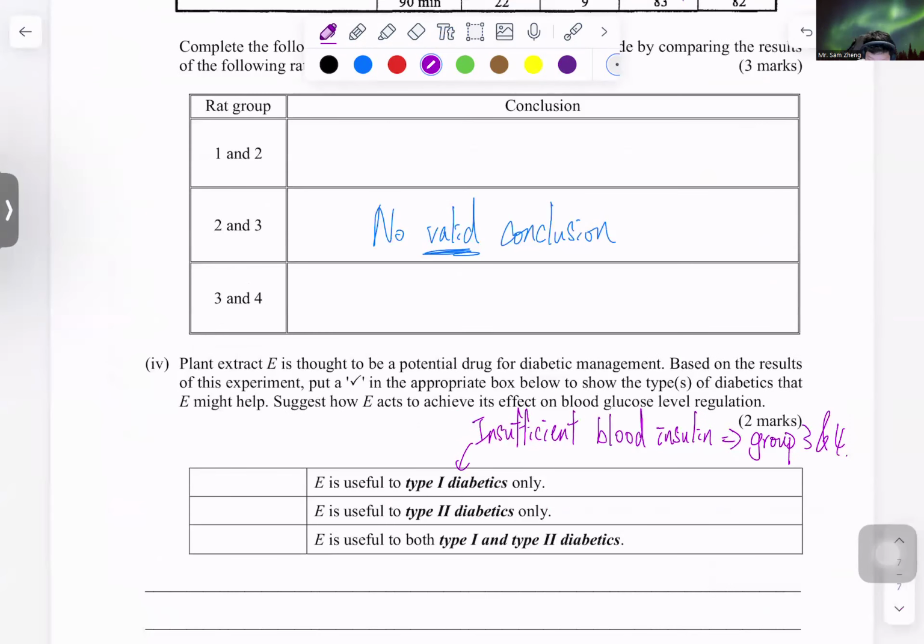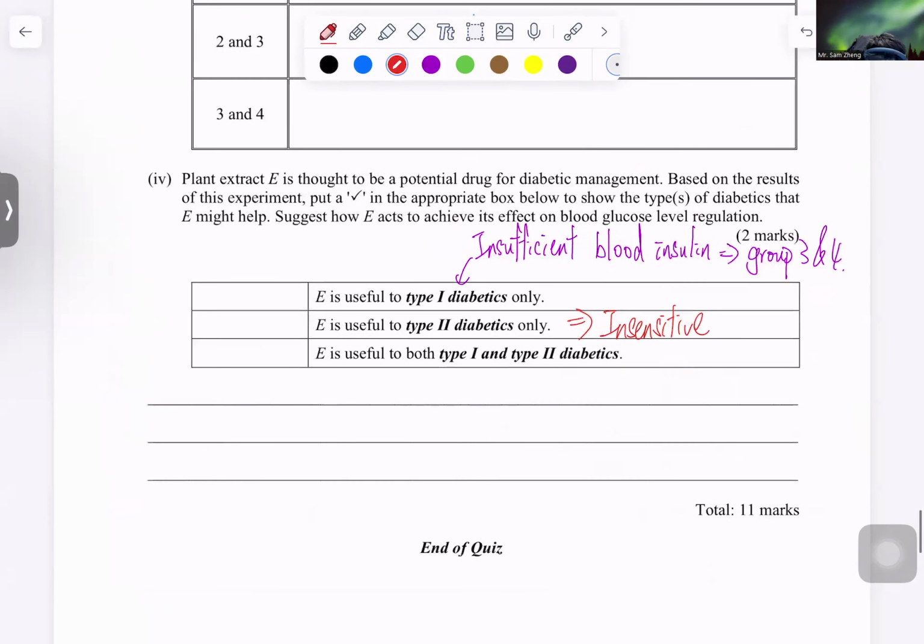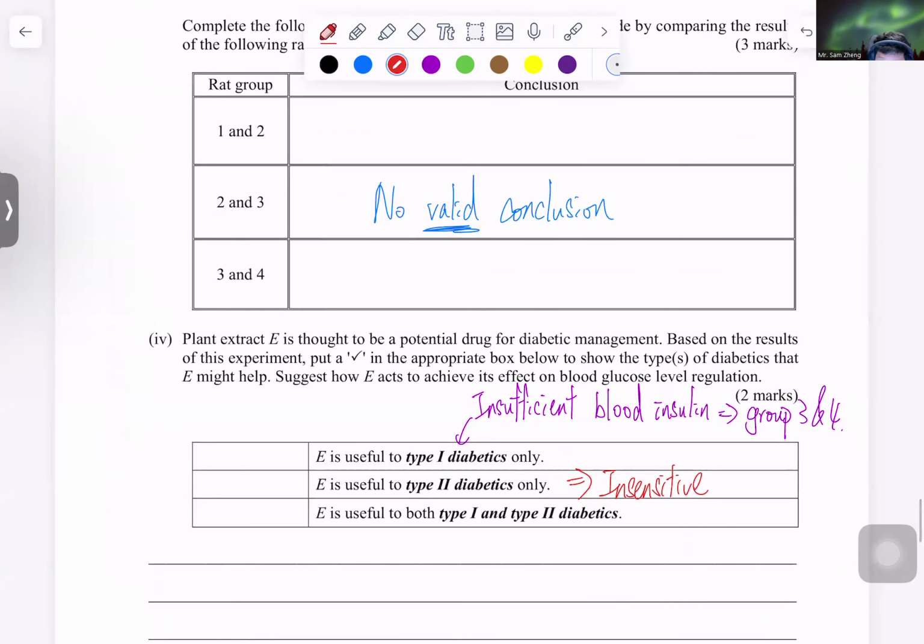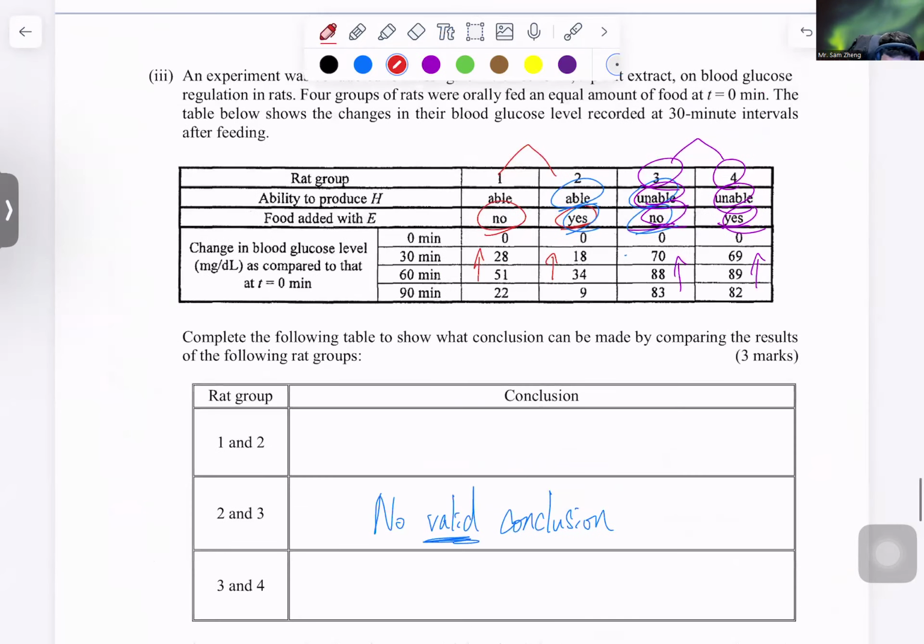Next, group 1 and 2. This time, for type 2 diabetes, it is insensitivity. Insensitive means, do they have blood insulin? Yes, they have blood insulin.